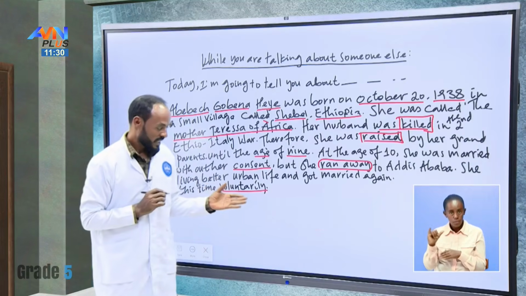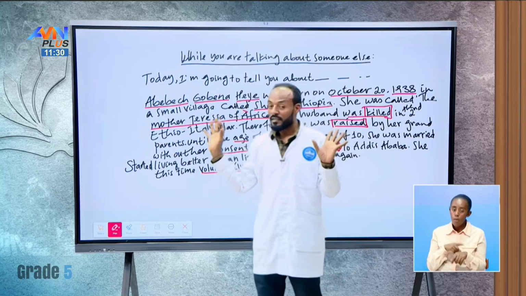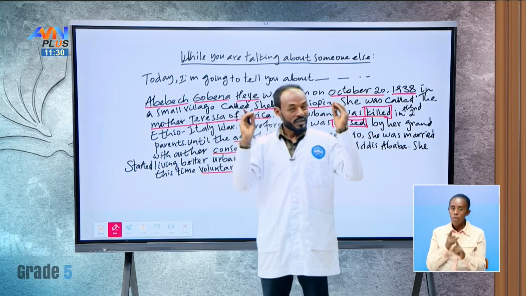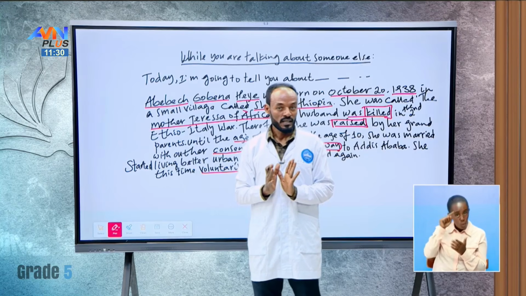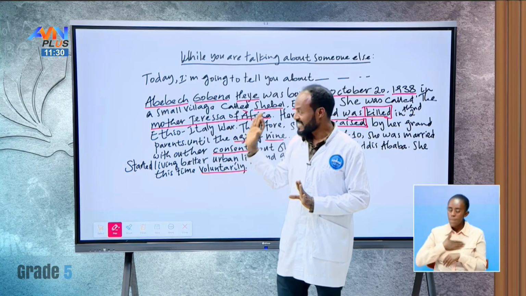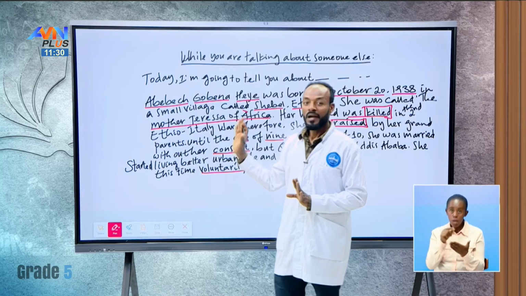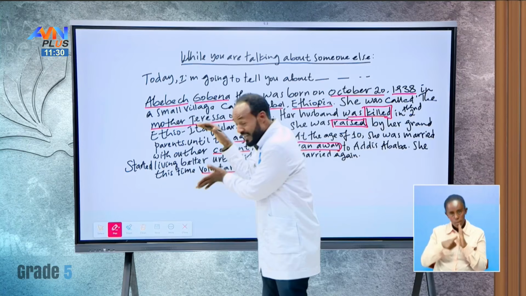Look, now it's time to answer the questions that will be asked about Abebech Gobena. Okay? Come on, students. Please read the passage again. Let me give you 1 minute to read it again. Only this one.